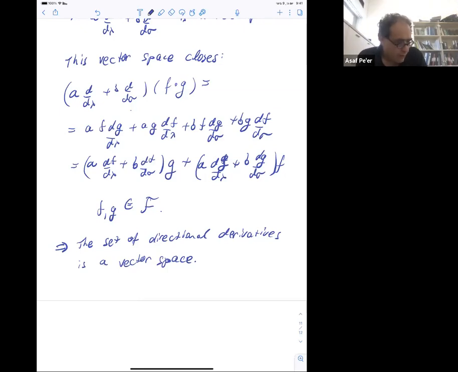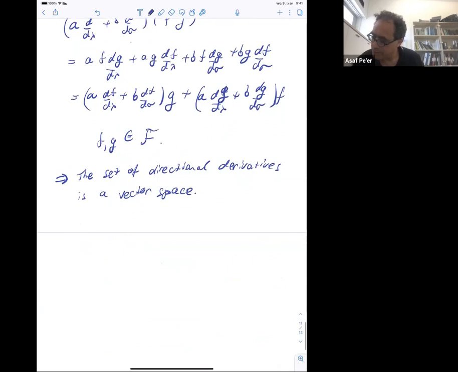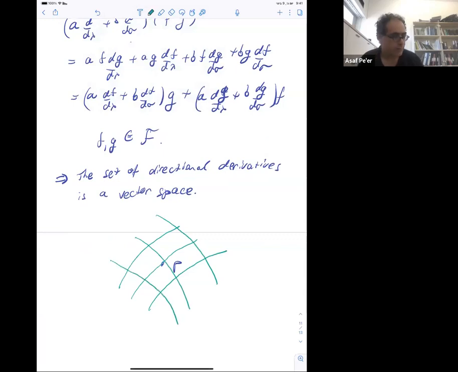If I'm looking at general coordinates x mu, then there are n directional derivatives at P. If I look in the vicinity of this point P, I can set coordinates on it.